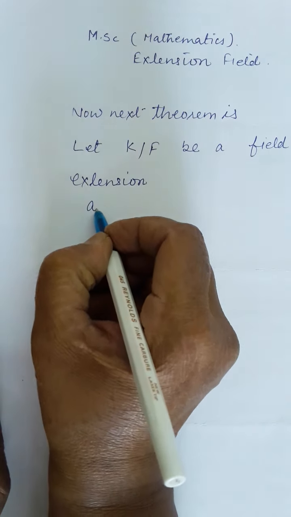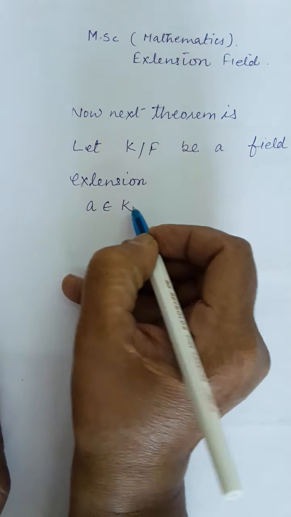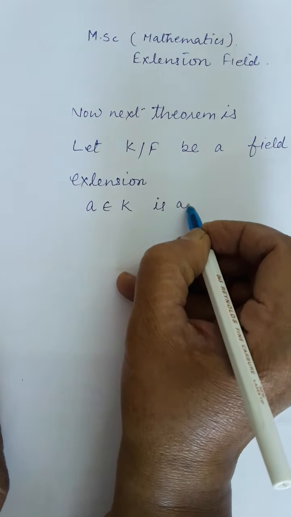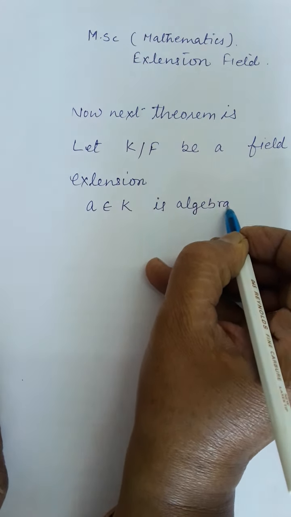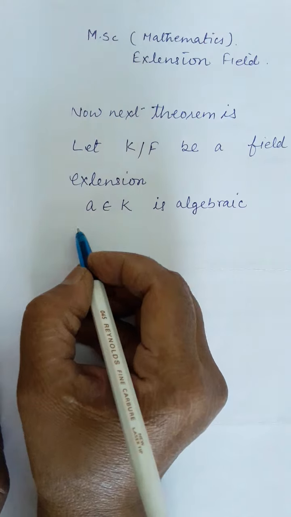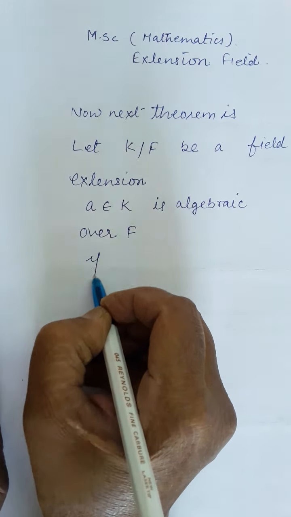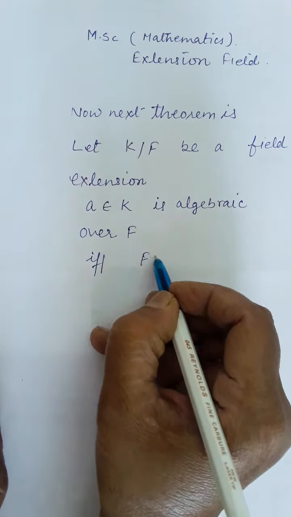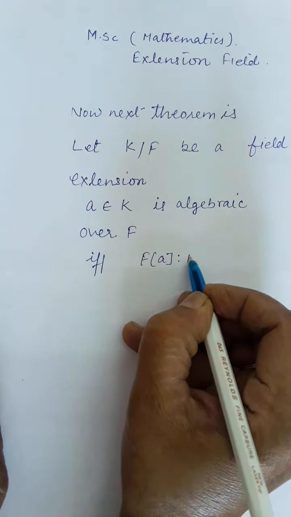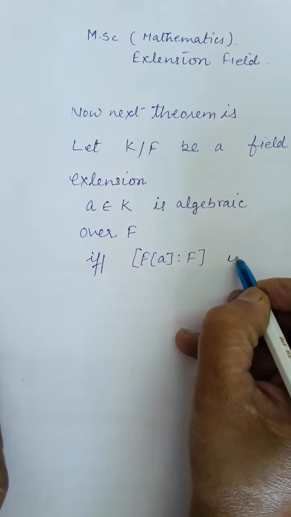An element a belonging to K is algebraic over F if and only if F(a) is finite.